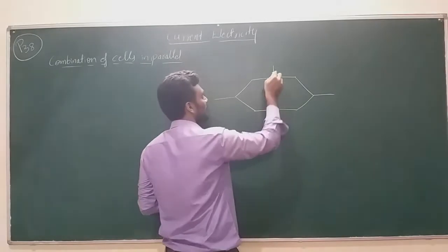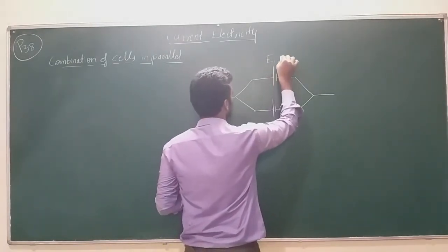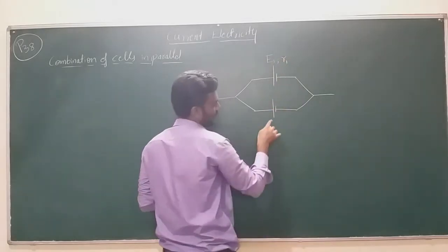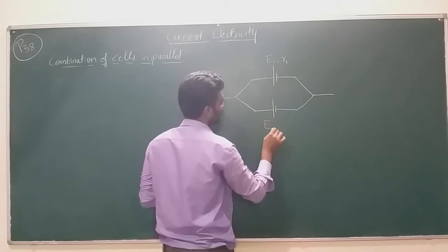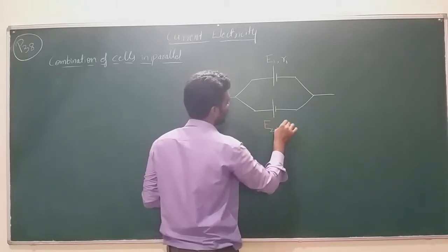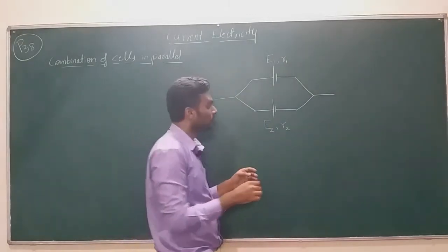Let this be the first cell of EMF E1 and internal resistance R1, and let this be the second cell with EMF E2 and internal resistance R2.